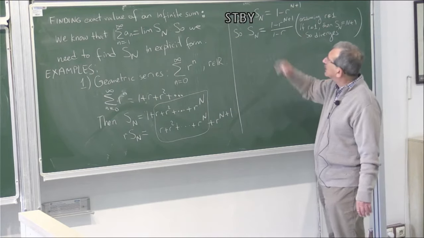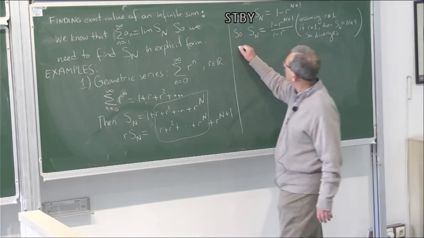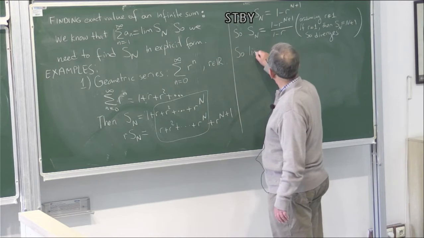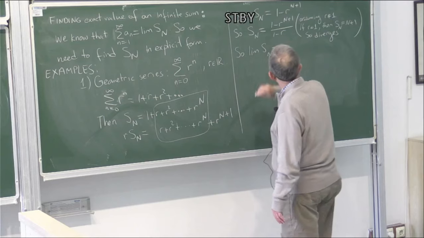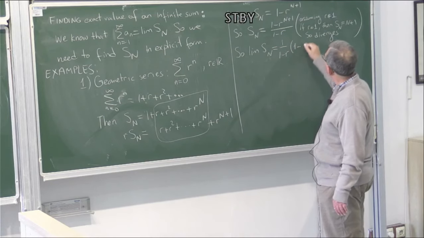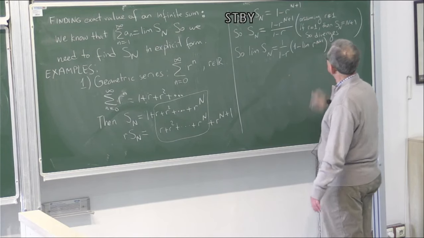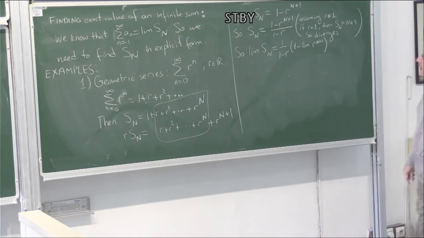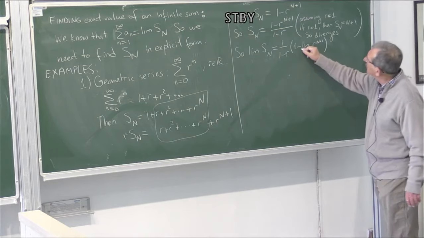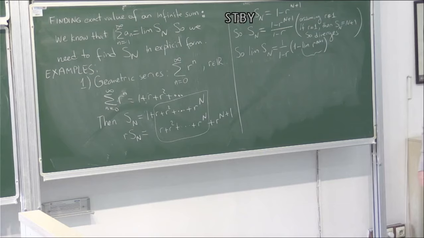Well, then we know Sn. We can take its limit. So, limit of Sn will be 1 over 1 minus r, 1 minus limit of r to the n plus 1. Well, when does this limit exist? Okay.